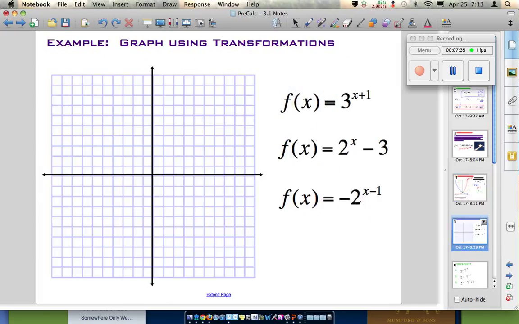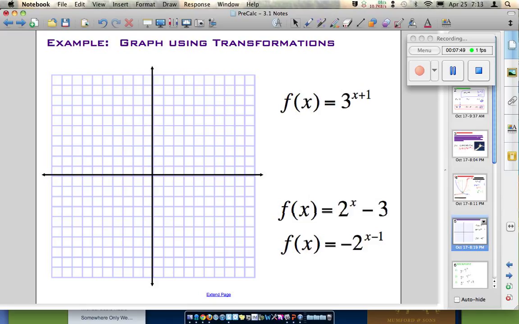So let's take a look at 3 examples that will be similar to your checkpoints. If we're looking at f of x equals 3 to the x plus 1, remember you can always go back to a table or using your calculator to graph these functions, but let's think about transformations. Notice that whenever we altered the x value, that shifts our value left and right.